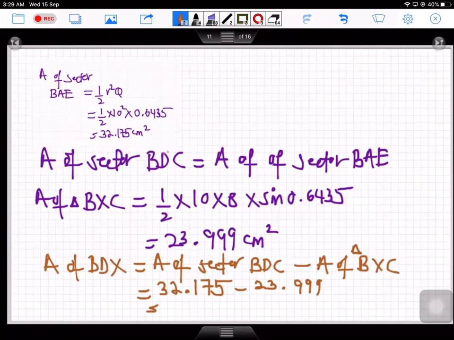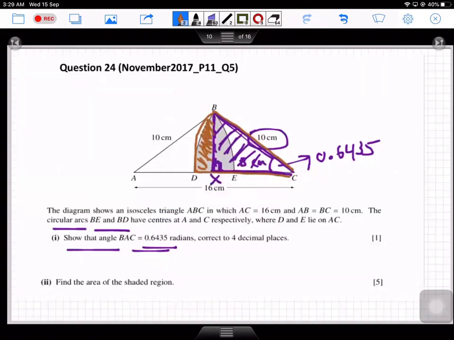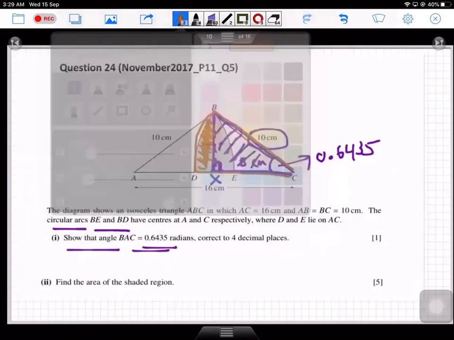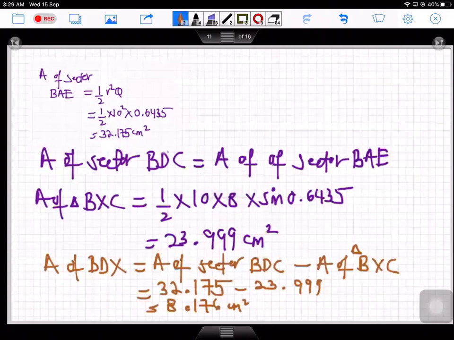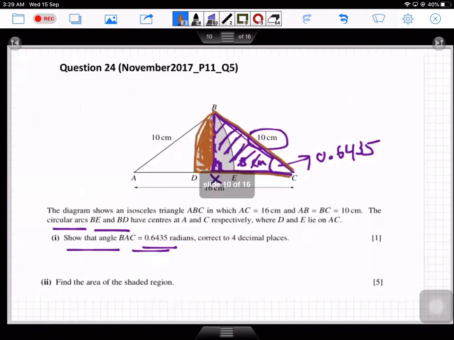This is supposed to be 8.176 centimeters square. This is actually the area of this region. Not orange exactly, but very light brown. Whatever the color is. This one is 8.176 centimeters square.